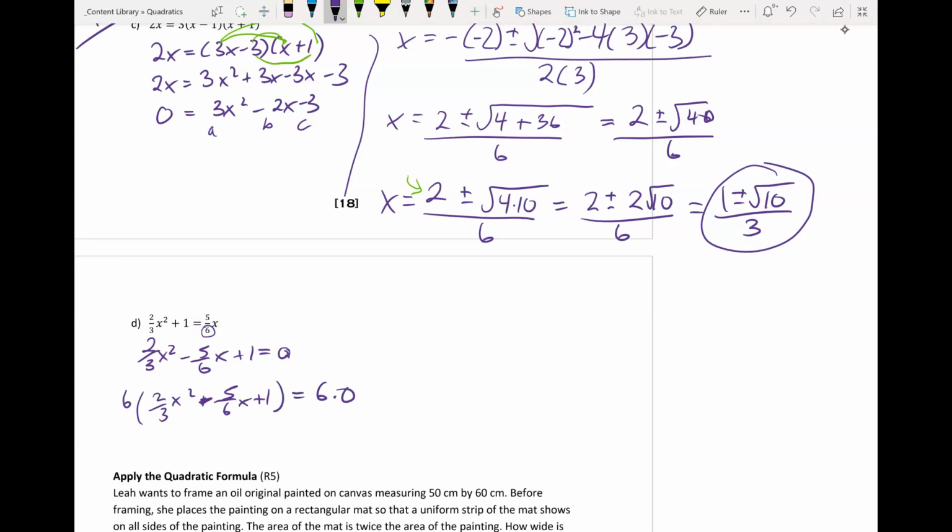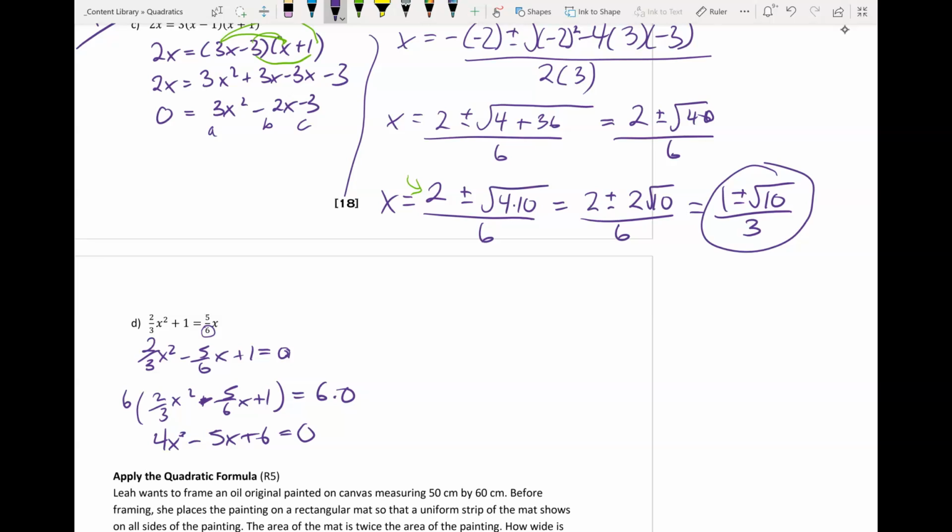So I'm going to go ahead and multiply 6 with every term. 6 times 2 over 3 is 4, then minus 5x plus 6. This is still equal to 0 because 6 times 0 is 0.